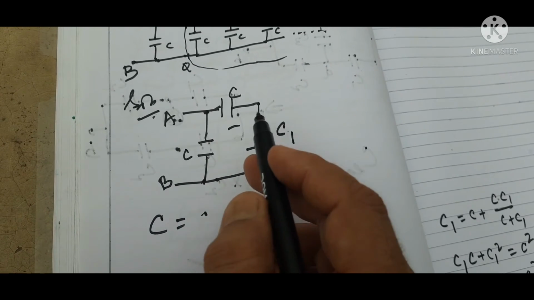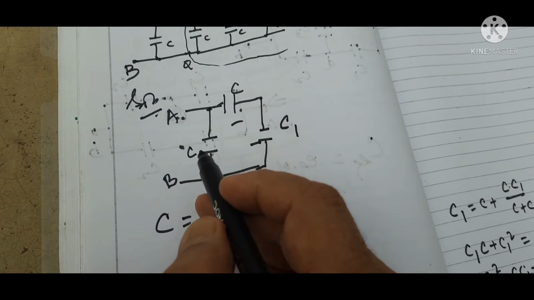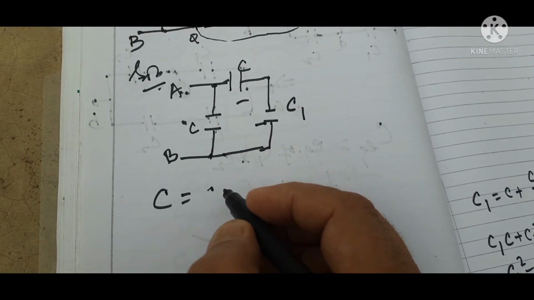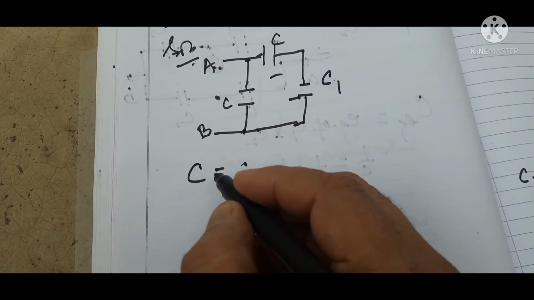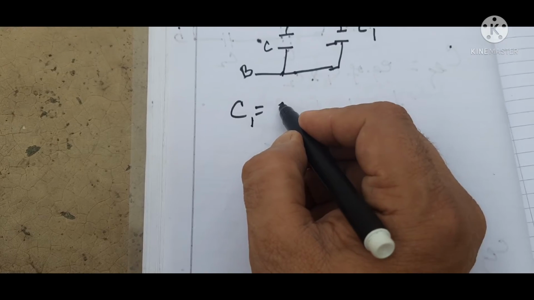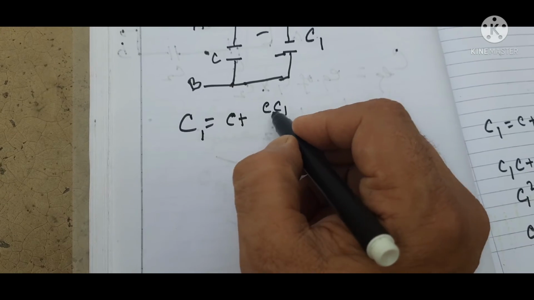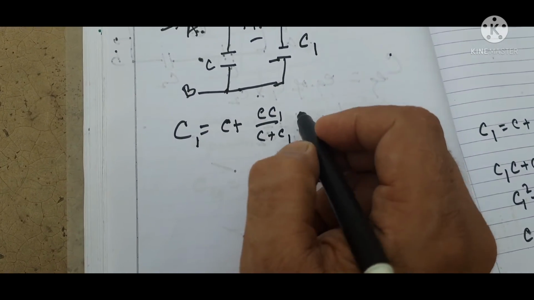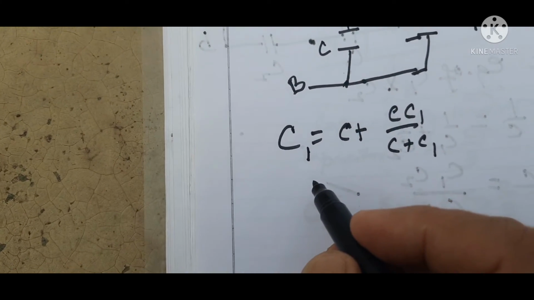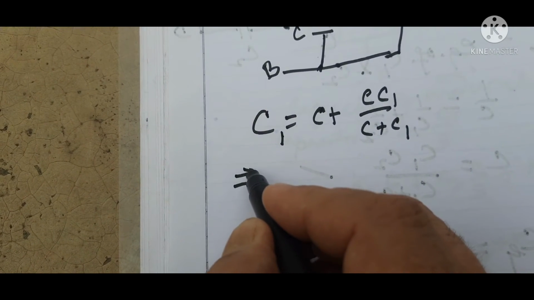Then this C and C1 are in series, and the equivalent of C and C1 is in parallel with C. So we have to write in this way: C1, the equivalent, is equal to C plus C1 by C plus C1. And then just solve and you will get it.